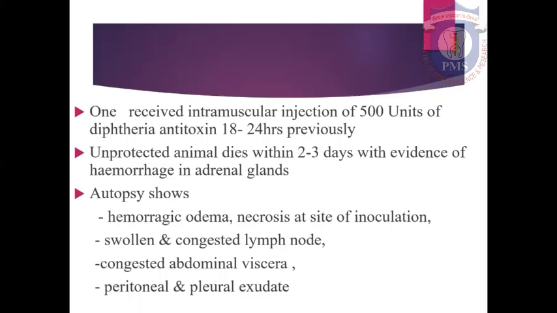One received intramuscular injection of 500 units of diphtheria antitoxin 18 to 24 hours previously, and the unprotected animal dies within 2 to 3 days with evidence of hemorrhage in adrenal glands.